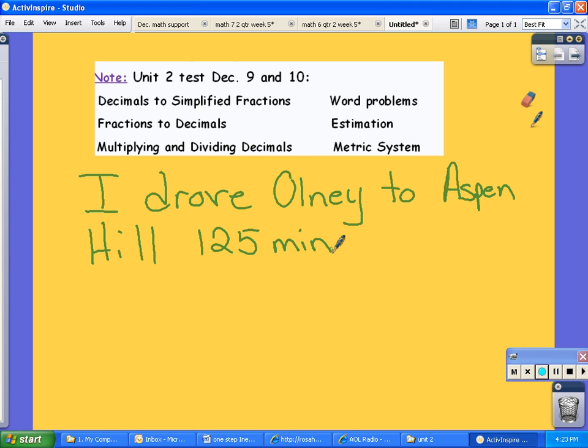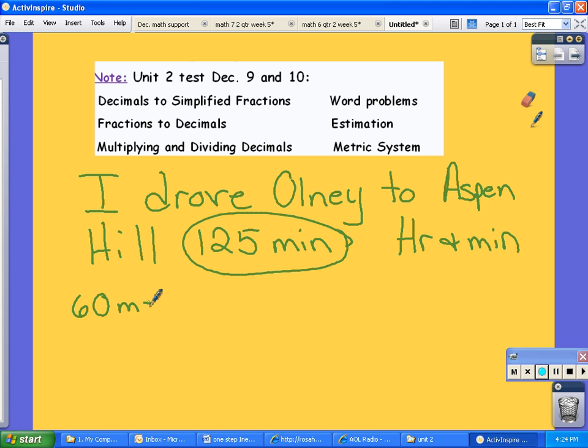I want you to tell me how much is 125 minutes in hours and minutes. So what students need to know is that 60 minutes is equal to 1 hour. There are several ways they could do this. They could use division, addition, multiplication, or subtraction.